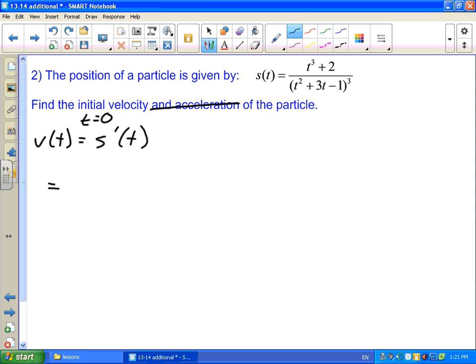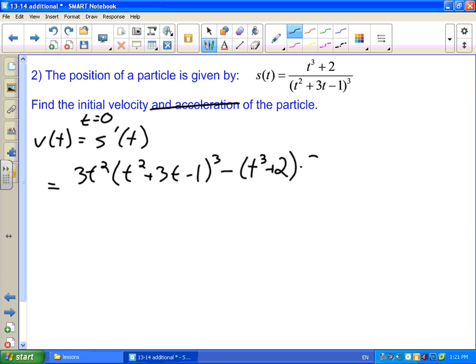So for our quotient rule here, we're going to have in the numerator the derivative of the top, so 3t squared, multiplied by the denominator, (t squared plus 3t minus 1) all cubed. And we're going to subtract what we have on top times the derivative of the bottom.